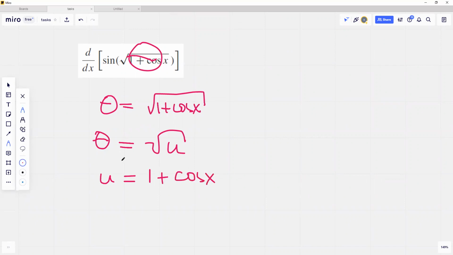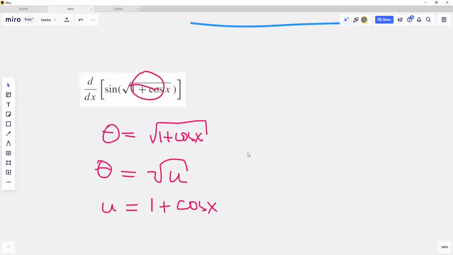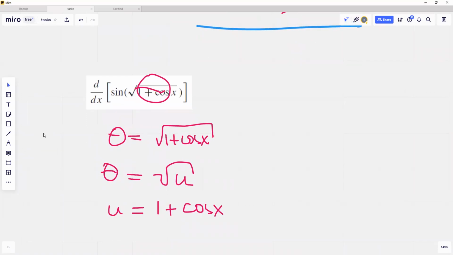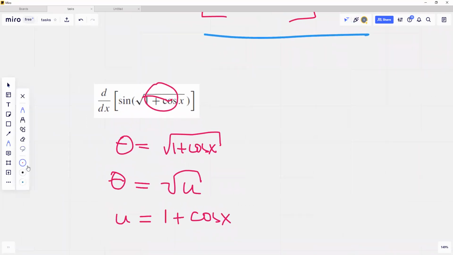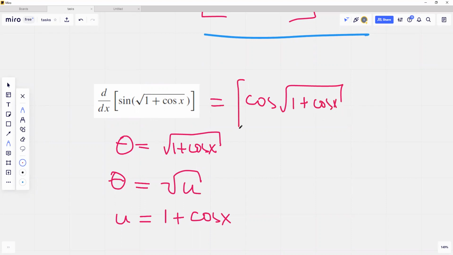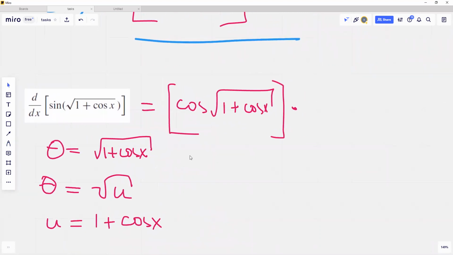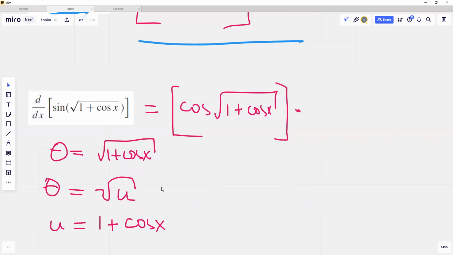Okay, now let's start moving from our outer functions and taking derivatives of those and moving towards the inside functions. Then we'll have the derivative of sine of theta, which is cosine of theta, and instead of theta, we'll substitute back the root of 1 plus cosine of x. So we'll start with cosine of the root of 1 plus cosine of x. So this is the derivative of the outer function, multiplied by the next inside function, which is root of u.